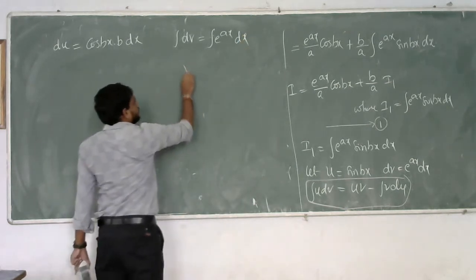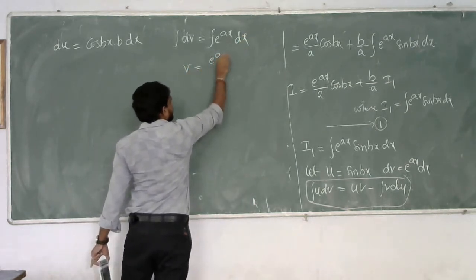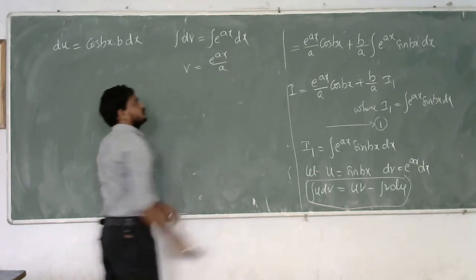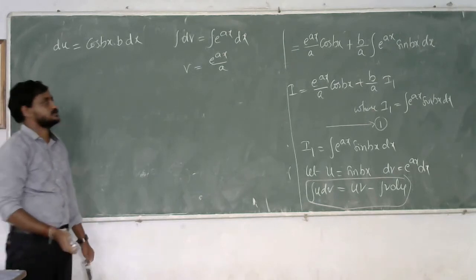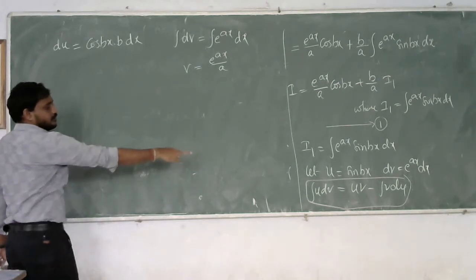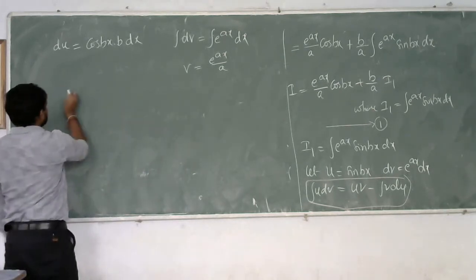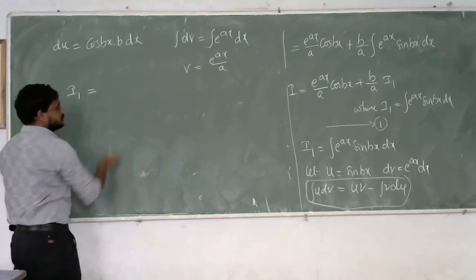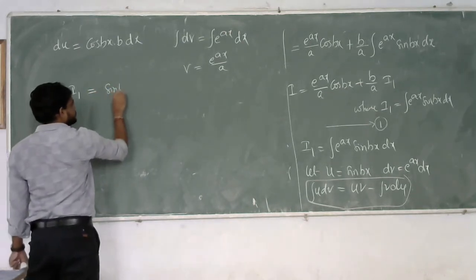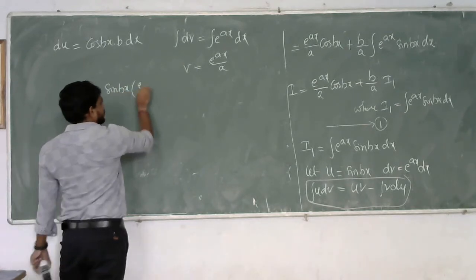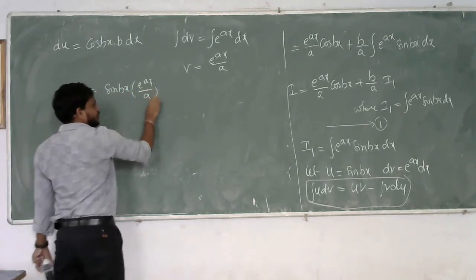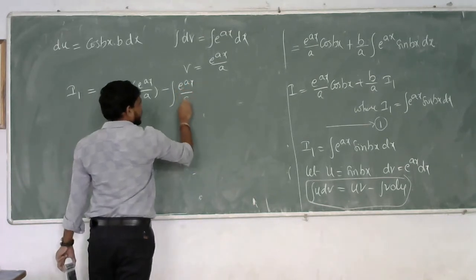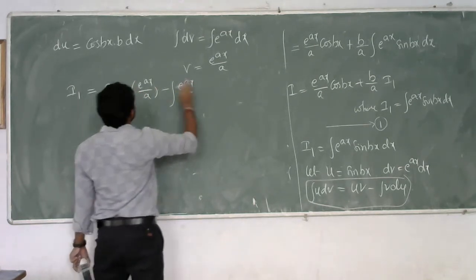Then here v equals integration of e power of ax, which is e power of ax by a. Then we have to use that form. So integral I1 becomes u into v. What is u? sin bx into v, that is e power of ax by a, minus integral v, e power of ax by a into du. What is du?